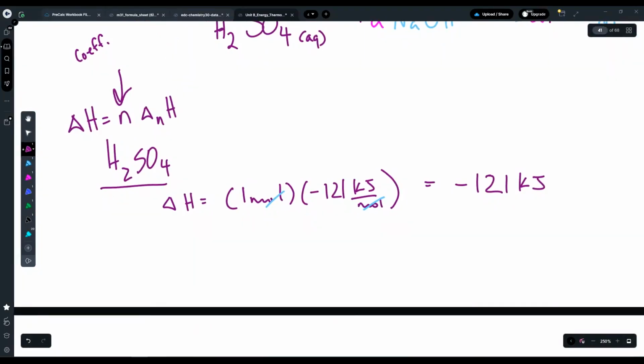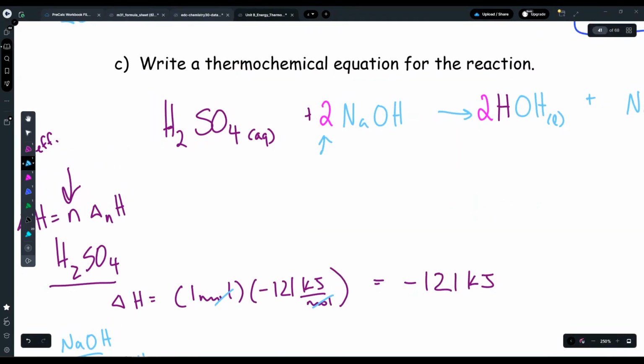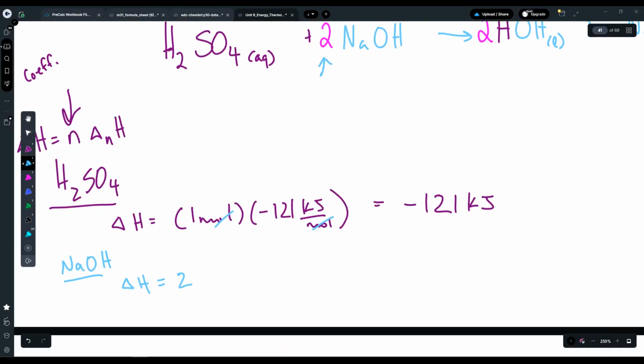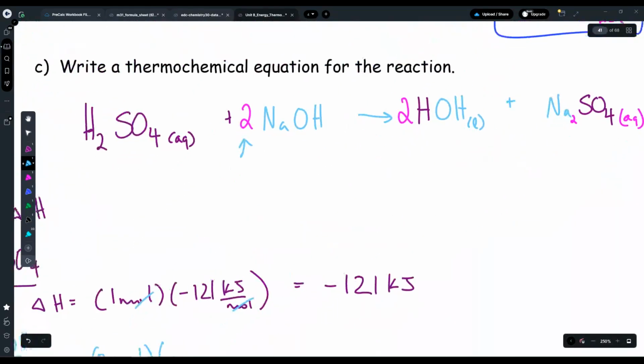Okay, so that's how it would look if you use the information that you had for sulfuric acid. Now, if you used sodium hydroxide, notice that you have 2 moles of it. And then our molar enthalpy of neutralization was negative 60.3 kilojoules.